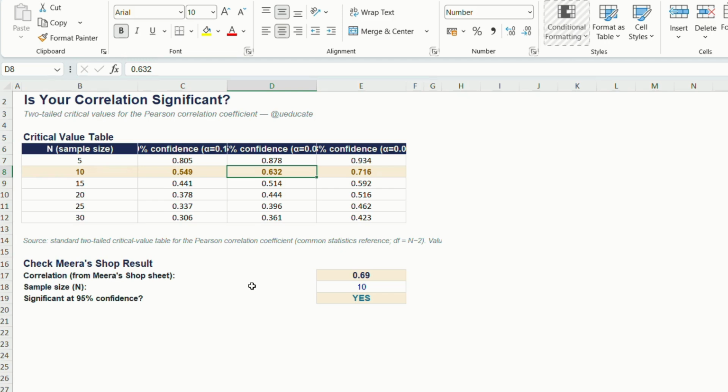We have 95% confidence that this is strongly correlated, just like in this example. When we have a correlation of 0.69, it sits at 95% confidence, showing how positively correlated customer flow and sales are, and how these variables impact each other.